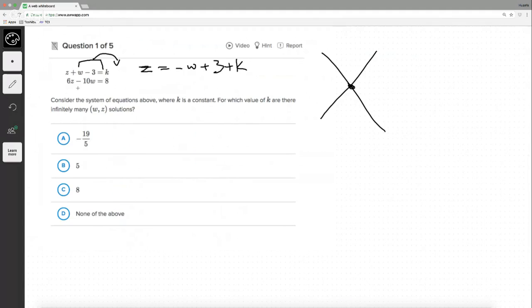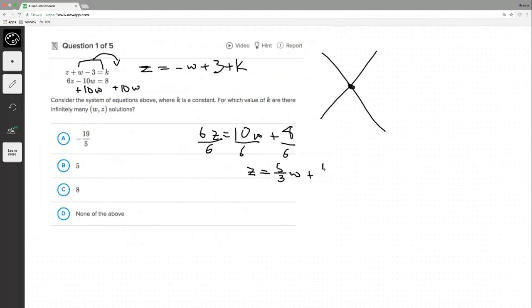We add 10w to both sides, so 6z equals 10w plus 8, and then divide both sides by 6. You have to divide every term by 6. We get z equals 5 over 3 w plus 8 over 6, which is 4/3.